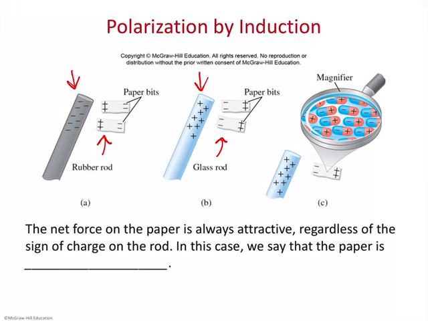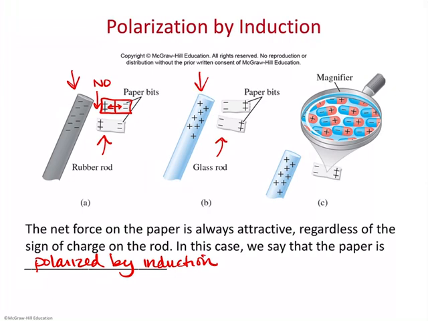Anyway, you can see that you hold these rods up to this paper, and are they touching? No. They're just very close, and look at the paper. These charges moved over to this side, and these charges moved over to that side. They're still electrically neutral, but now they're considered to be polarized. This is polarized by induction.